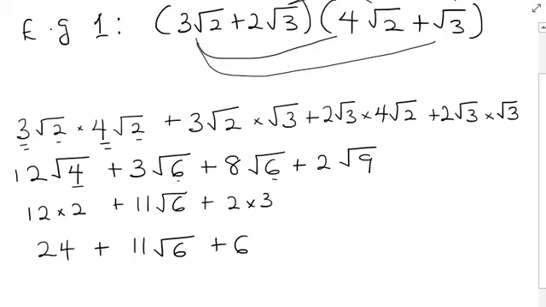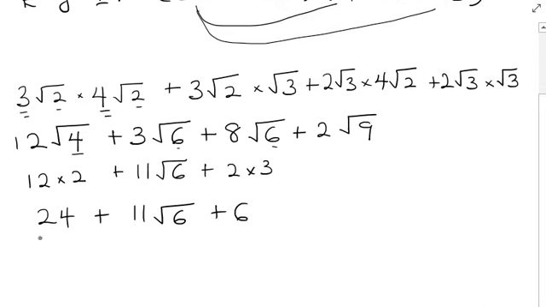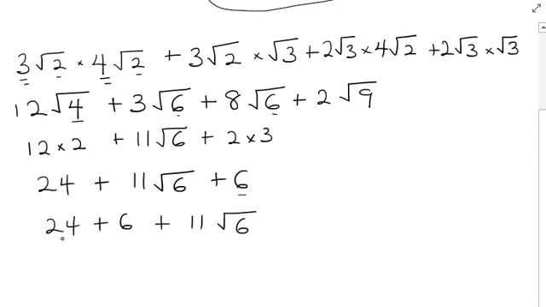So we want to bring together the whole numbers. 24 plus 6 is 30. So 30 plus 11 root 6. This is our final answer.